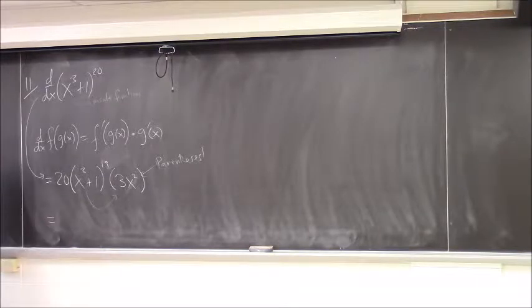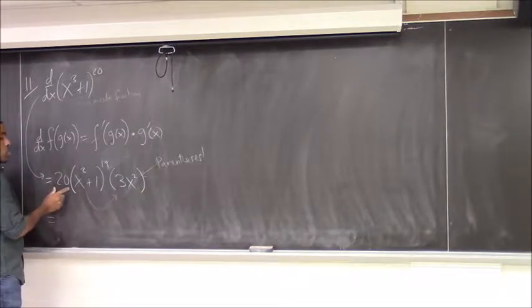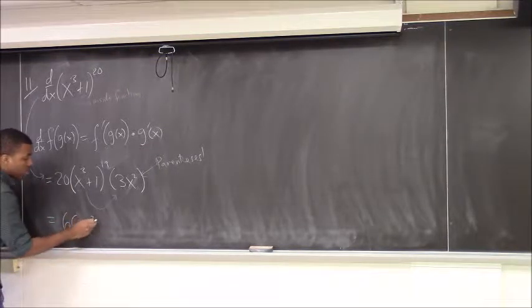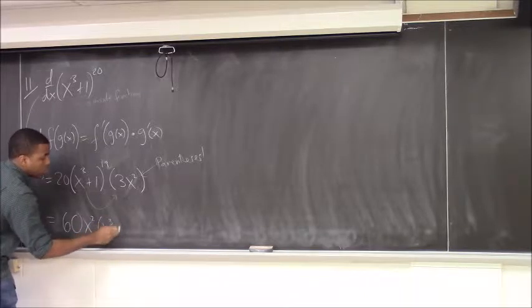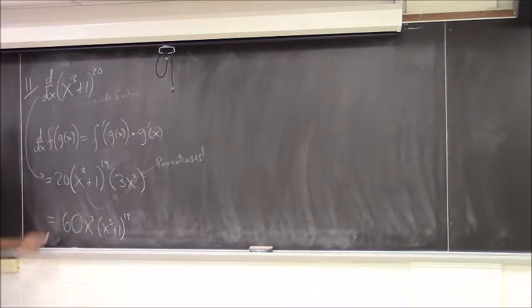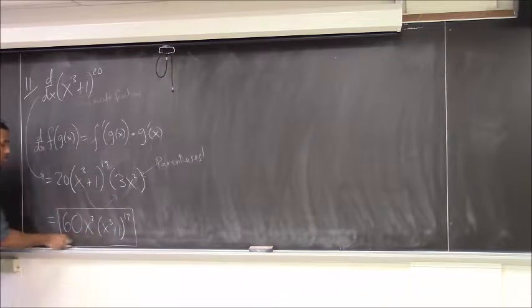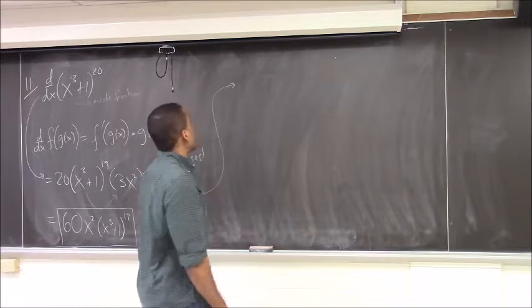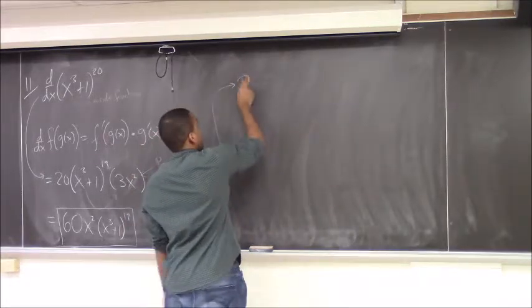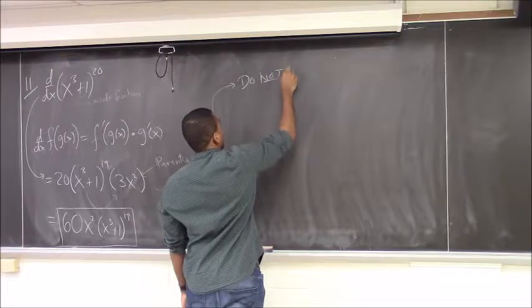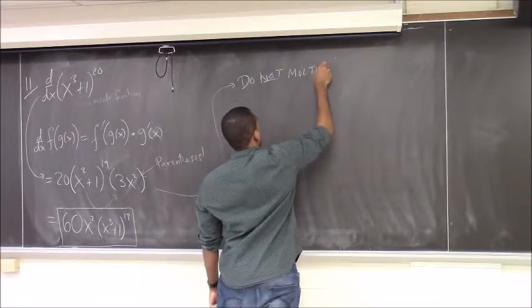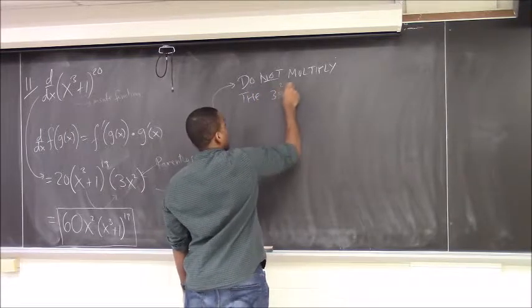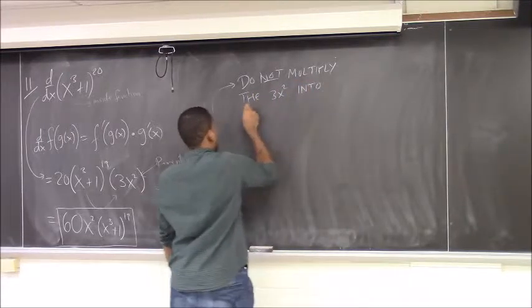One thing you could also do, you can multiply this 3x squared by the 20. So you'd have 60x squared times x cubed plus 1 to the 19. One thing you do not want to do, just to kind of preemptively nip this in the bud, do not multiply x squared into the parentheses.